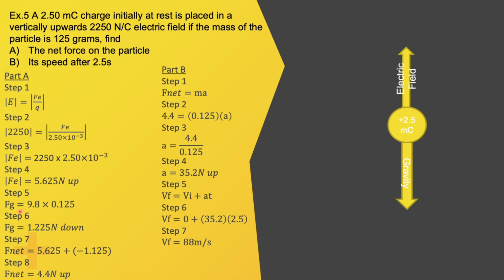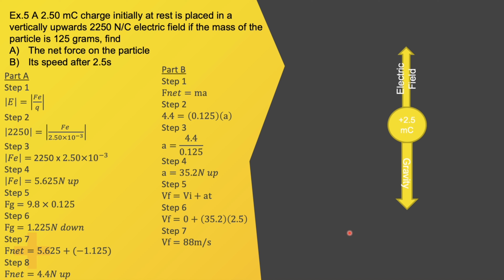So the value of gravity times our mass will give us our force gravity. And from this, we find that our force gravity is equal to 1.225 newtons down. The reason the direction is down is due to force gravity causing it to be pulled down.